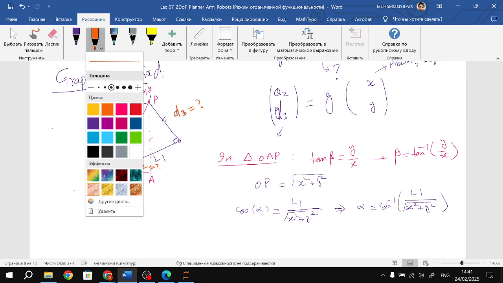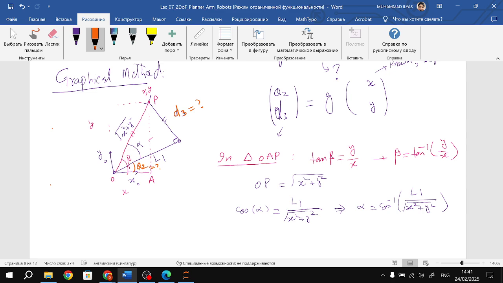So it means that you got this angle, you got this angle. So you can write it like this: beta is equal to alpha plus theta 2, and from here you can get theta 2 as beta minus alpha. So this is one joint variable you find. Remaining is d3.